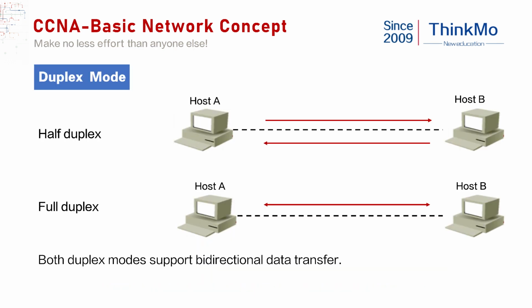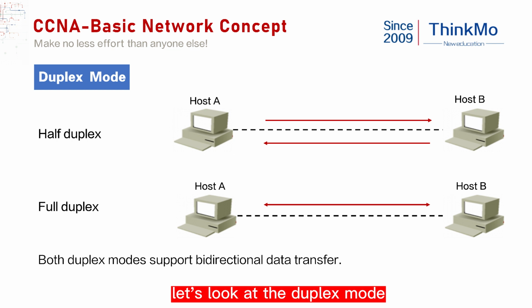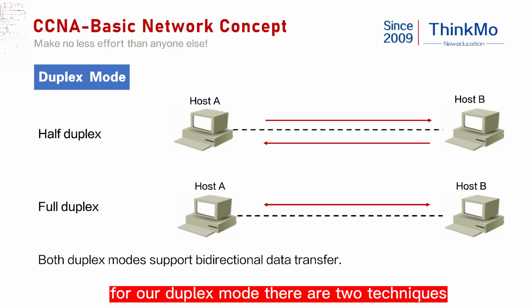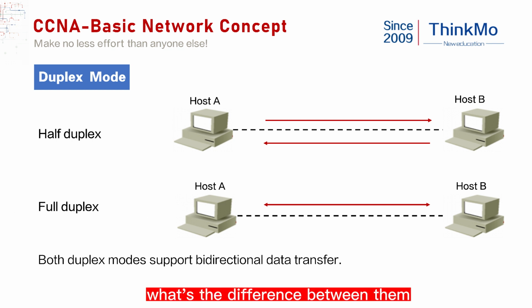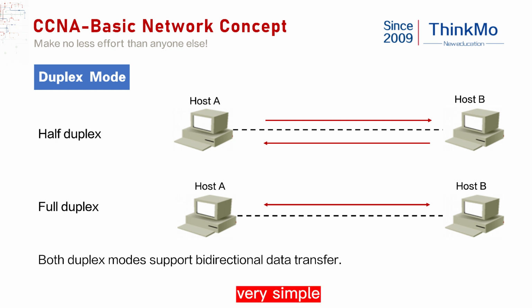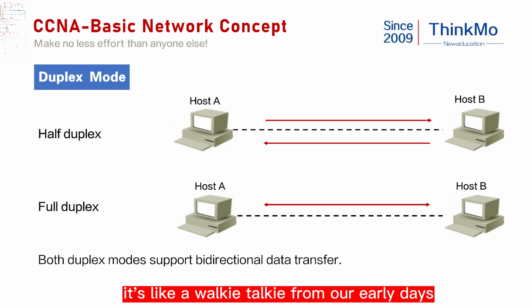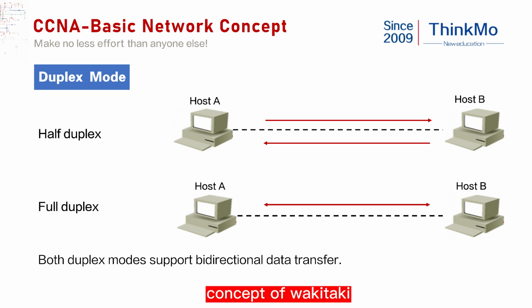At last, let's look at the duplex mode. For our duplex mode there are two techniques. One is called half duplex, the other full duplex. What's the difference between them? Very simple. First let's talk about half duplex. It's like a walkie-talkie from our early days. What is a walkie-talkie?